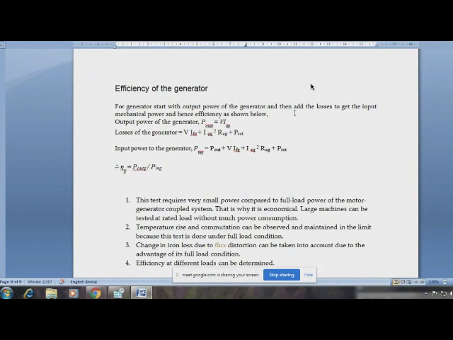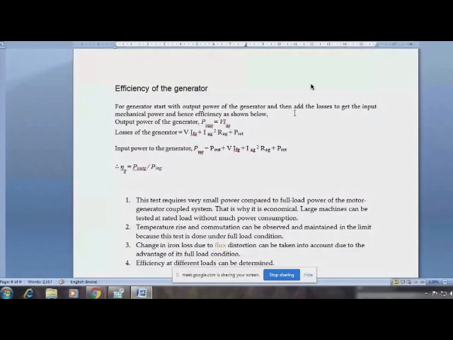So, which one is easy to measure? That becomes important for us. The one which is not easy to measure, we need not worry about it.